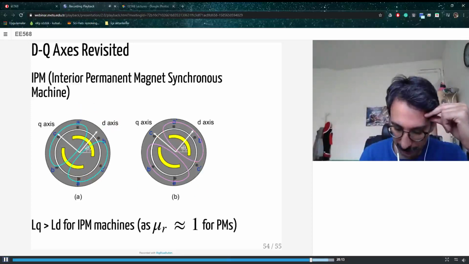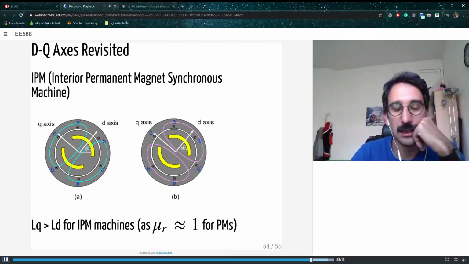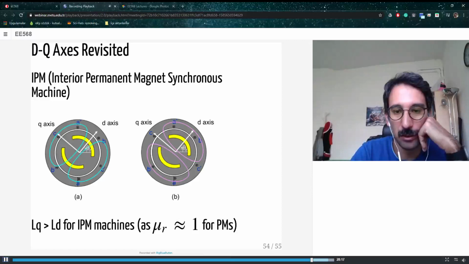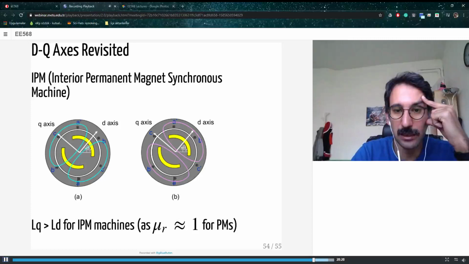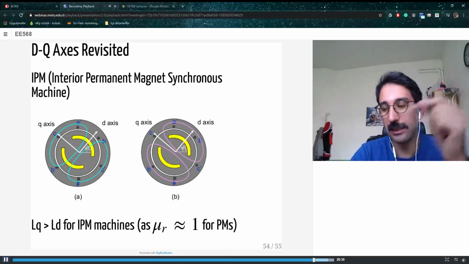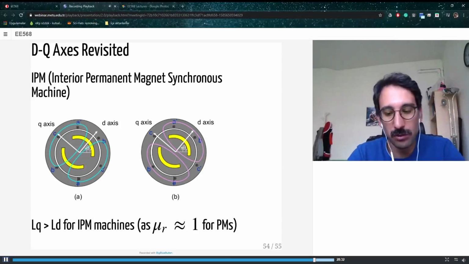So I will have a lower reluctance in the Q axis, which means a higher inductance for the Q axis, and a smaller inductance on the d-axis for IPM machines.